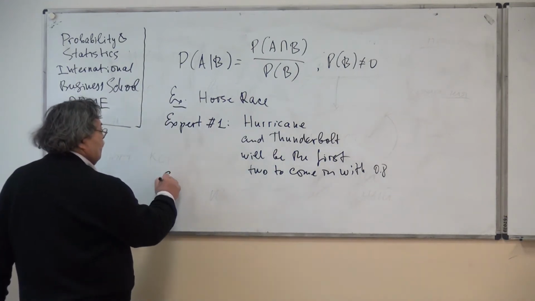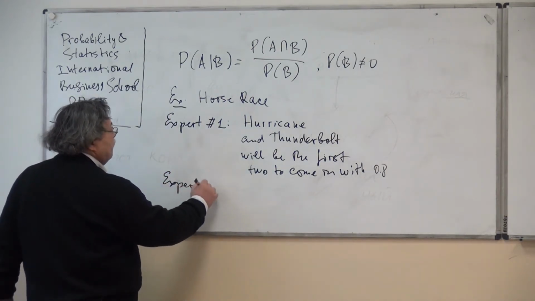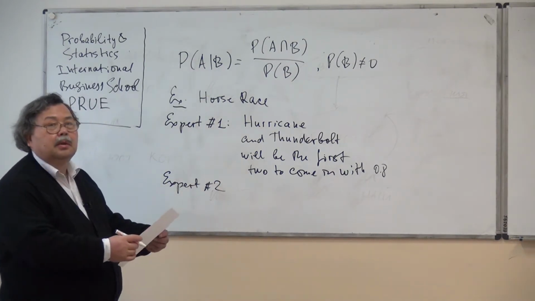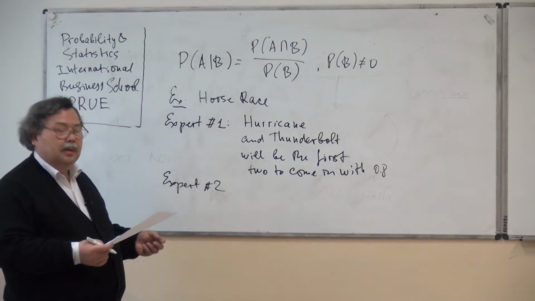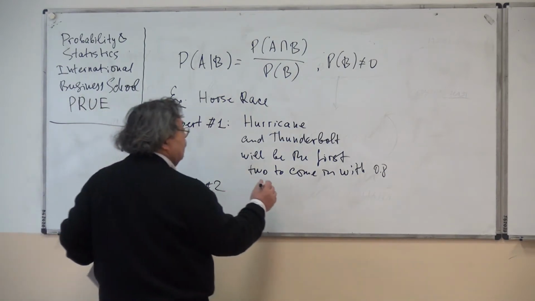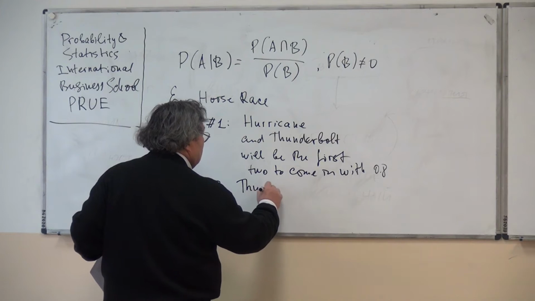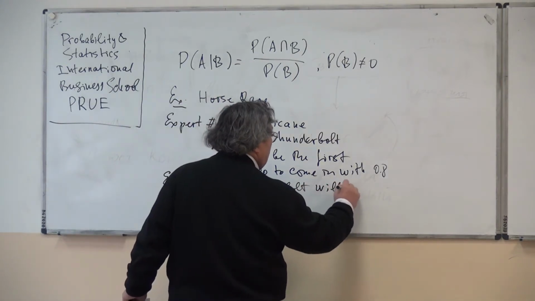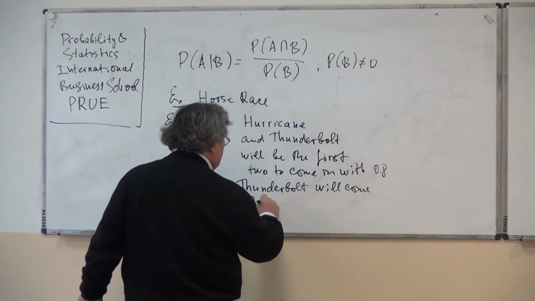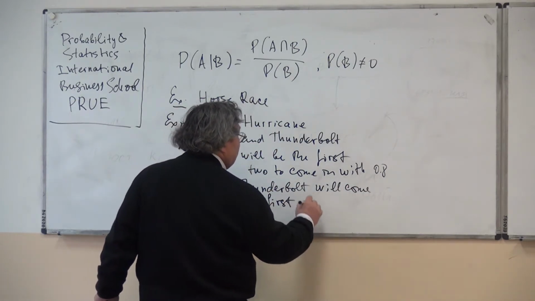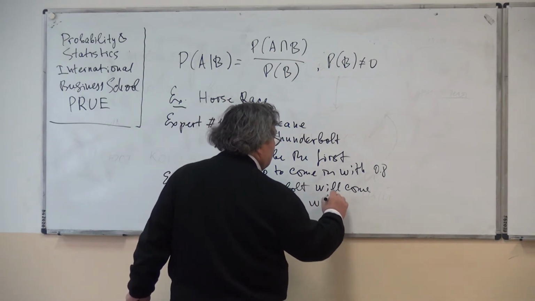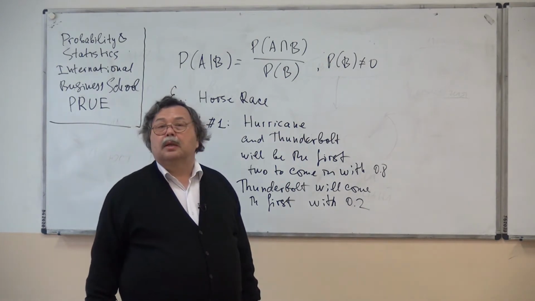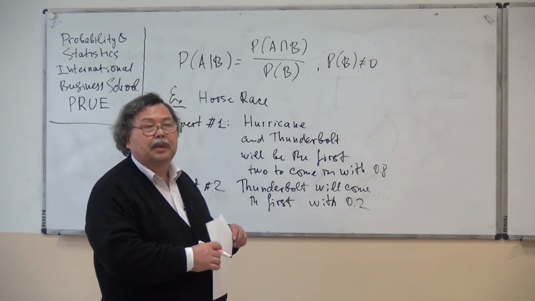And we have another expert opinion. Expert number two says that Thunderbolt will come in first with probability 0.2. Okay, so no classical model here, just expert opinions.